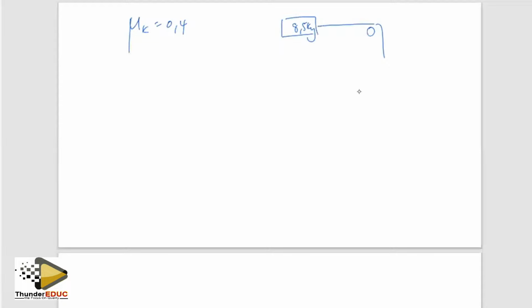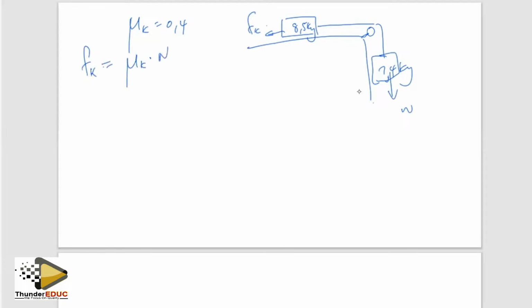So I'll have a 7.4 down here, that's kilograms. Then I can just do the application of, so the weight will be downwards, the kinetic friction we can get to that side. They want us to get the acceleration. So let me start by getting the Fk, which is the mu k multiplied by the normal force.